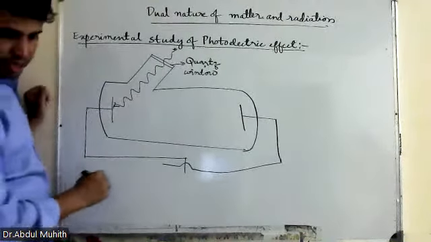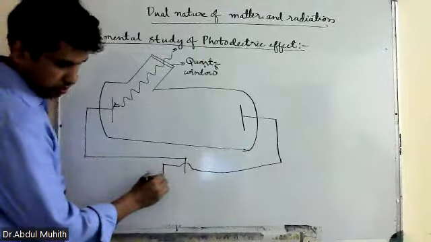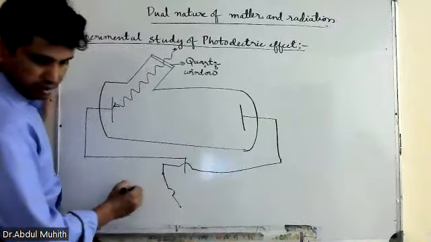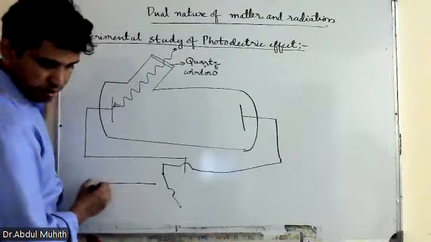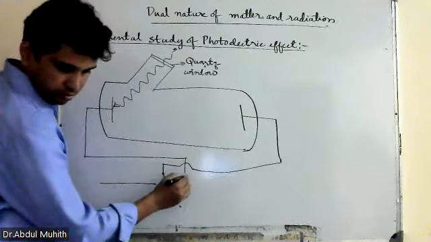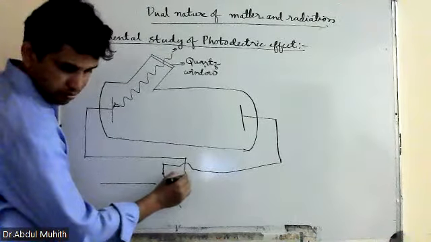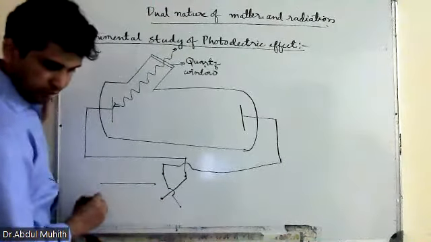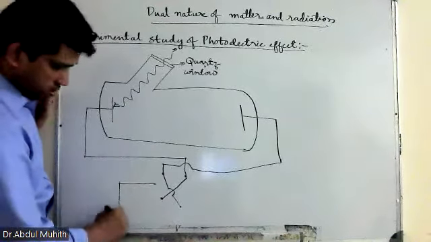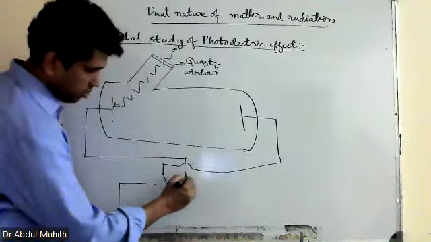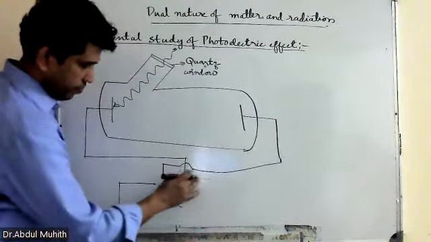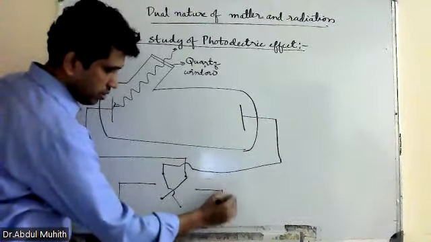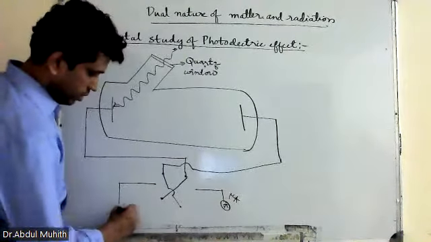Now here there is a commutator. Here this is a microammeter, and there is a voltmeter.